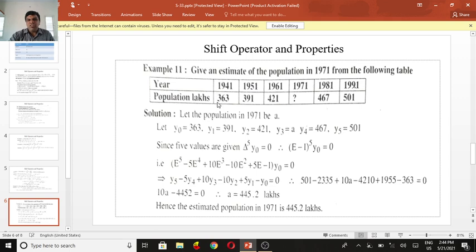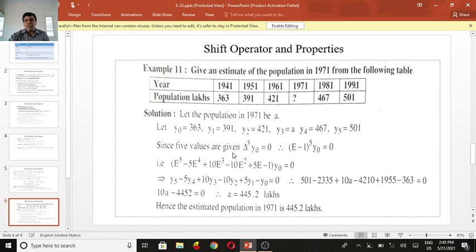The initial values given: y0 is 363 lakh, y1 is 391, y2 is 421 lakh, y3 we don't know, I simply denote it as a, we try to find the value of a. y4 is 467 lakh, y5 is 501 lakh.